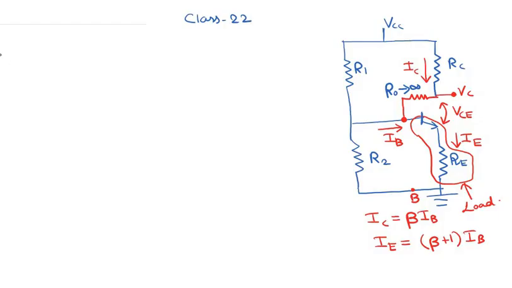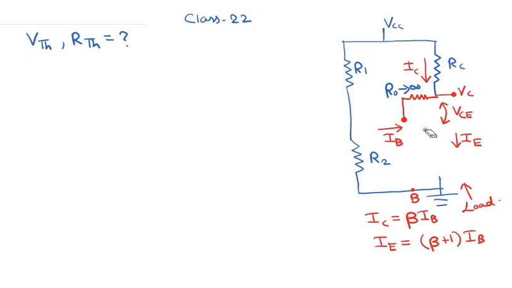So we have two quantities for Thevenin's equivalent network. One is the Thevenin's voltage VTH and one is the Thevenin's equivalent resistance RTH, and we have to find these two parameters. Now, how do we find Thevenin's equivalent voltage VTH? We just disconnect the load. So we disconnect this RE, and we disconnect this base to emitter junction also.